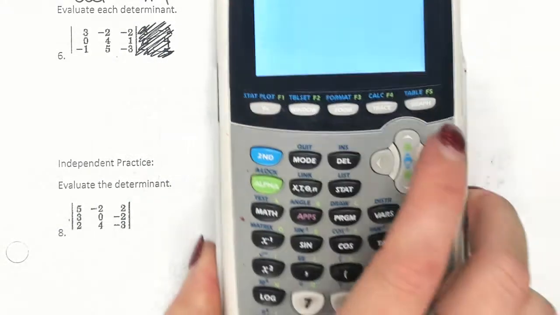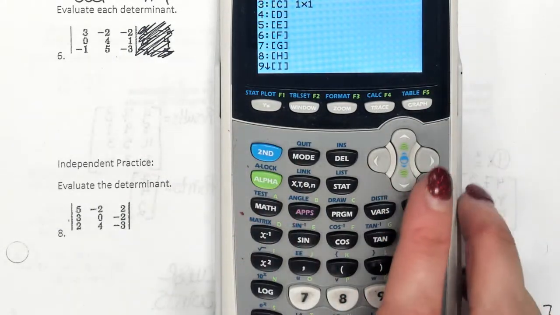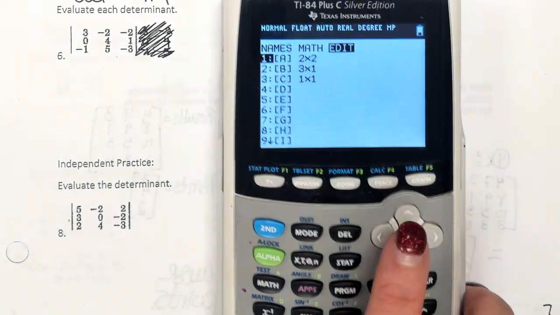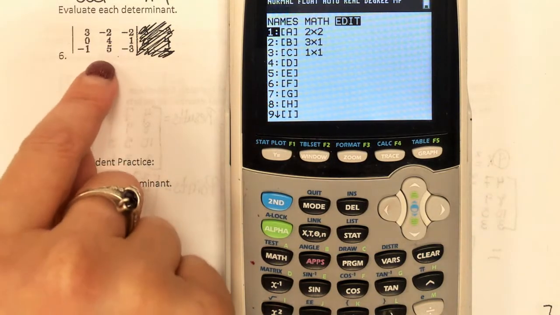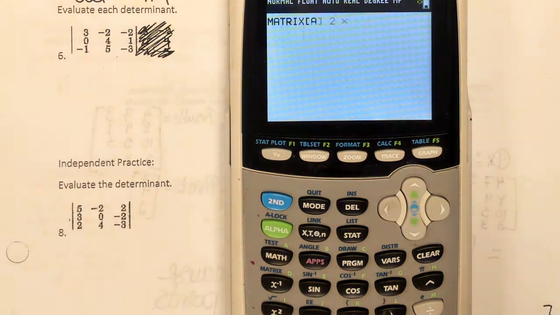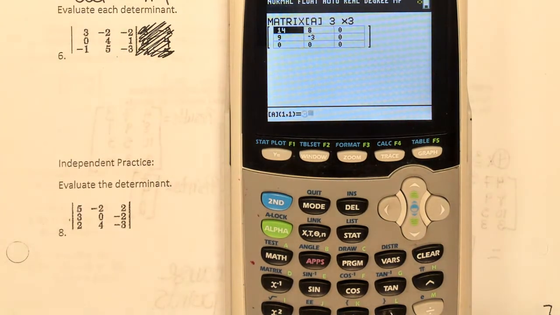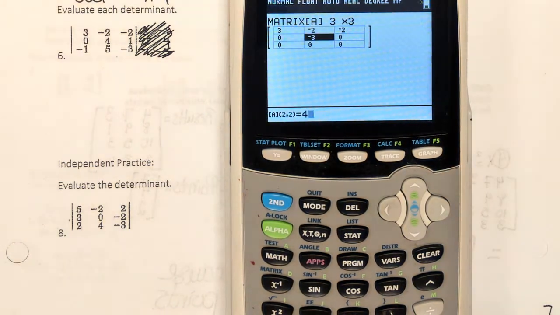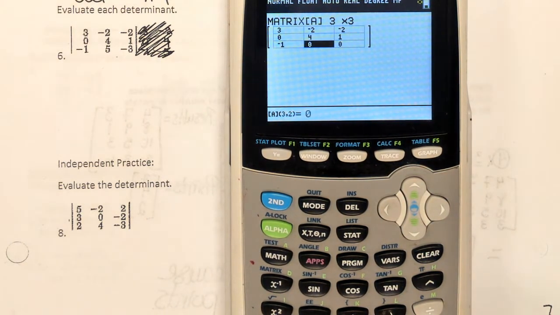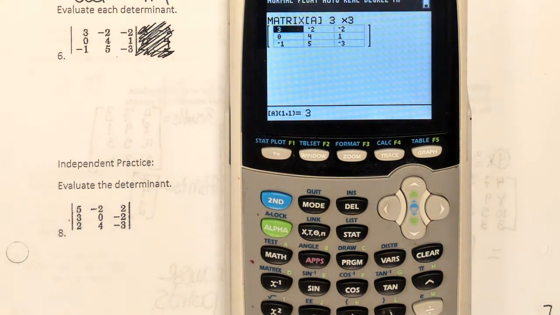So let's go back to our calculator, go to second matrix, go over to edit, and what size is this guy? 3 by 3. There you go. So we're going to type that in, type all of our numbers in, and we're going to get our calculator to work for us and tell us what the determinant is on this one.